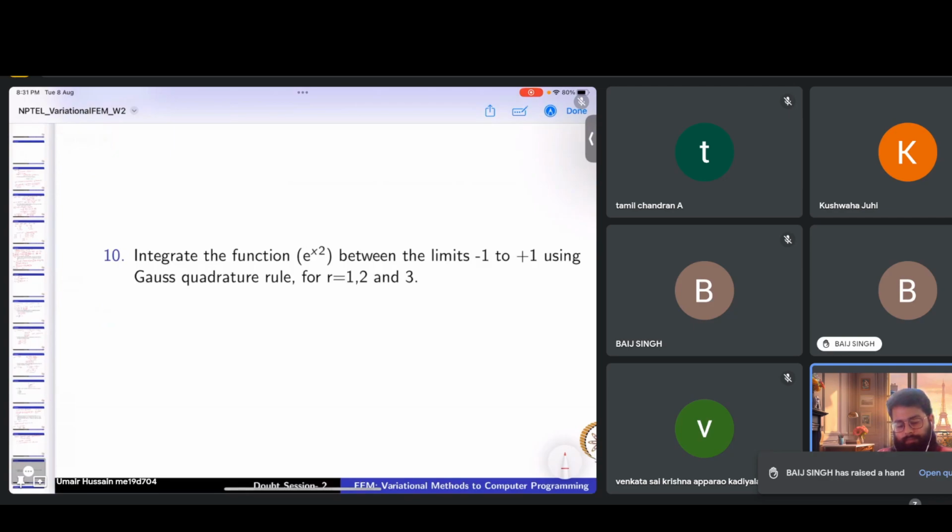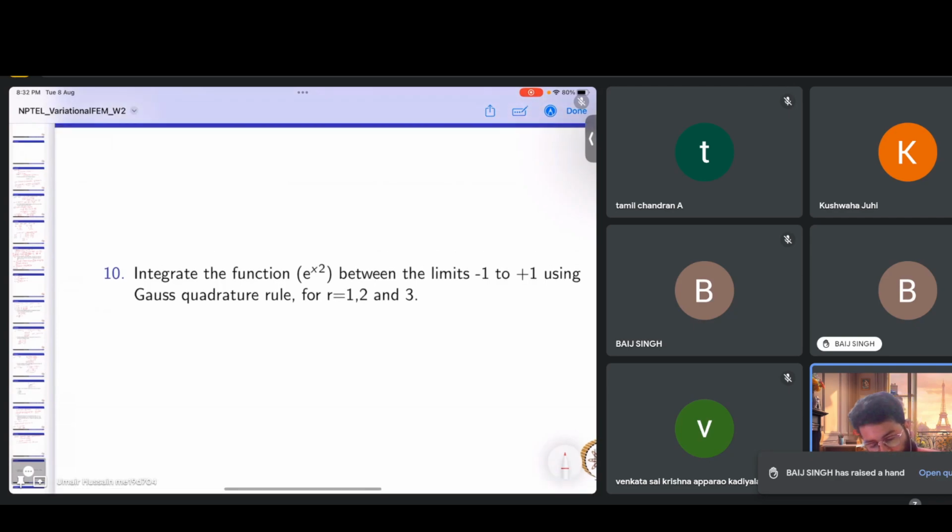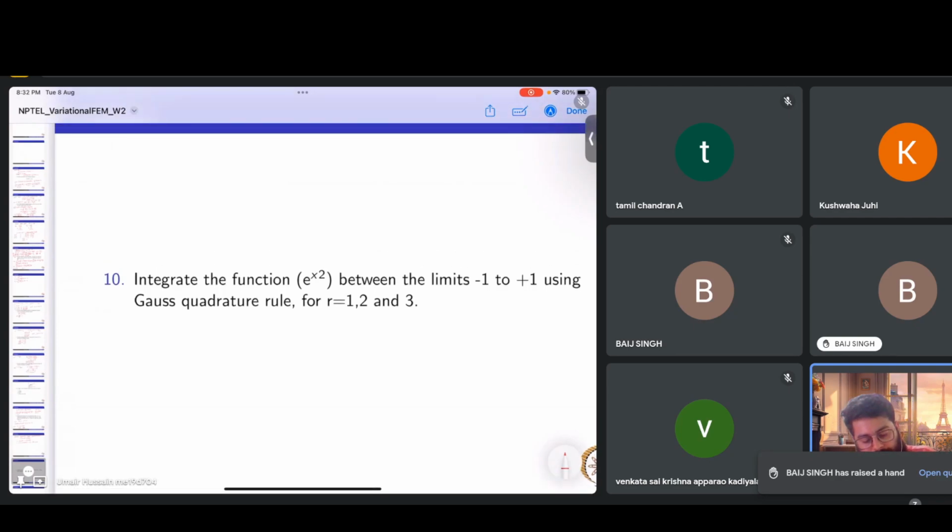So now we have a non-polynomial function to integrate. So how do we go about that? We'll start with r equals to 1, 2, and 3. We'll try with e to the power of x square, I guess, in each of the three ways. So we have i equals to 1 to r.